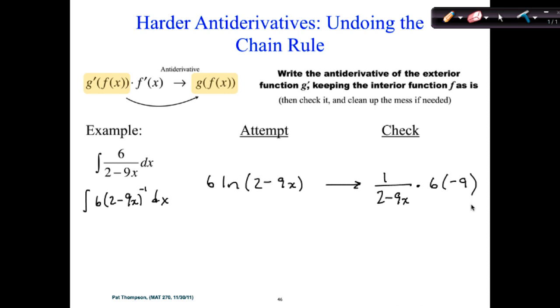Nailed it. Is that exactly what we have? No. How's it different? We've got this extra negative 9. So how do we revise our attempt? When we take the derivative, we won't have that factor of negative 9. So we've got this 6, and we're going to divide by 9. We're also going to take negative 1/9, or divide by 9. And that's the negative 2/3 that you said.